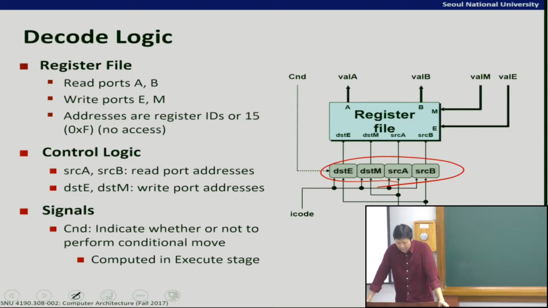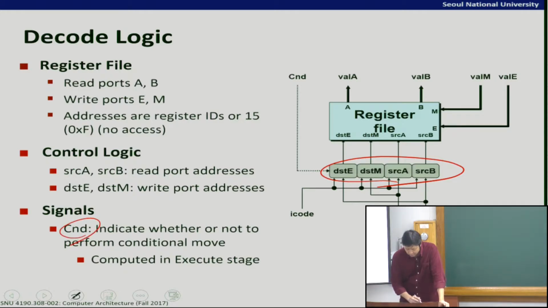We have 15 registers, 0 through E, and F is reserved for a special purpose, which is no register, no access. There are 4 control logic blocks: source A and source B for the read port addresses, and dest E and dest M for the write port addresses.